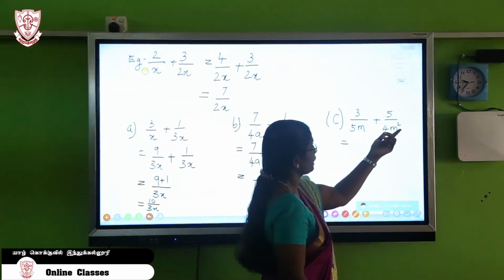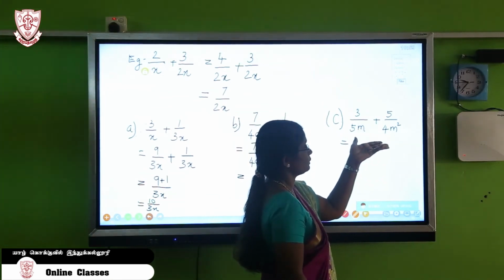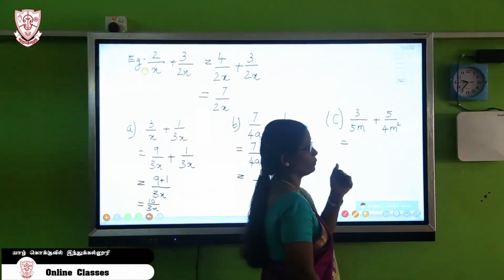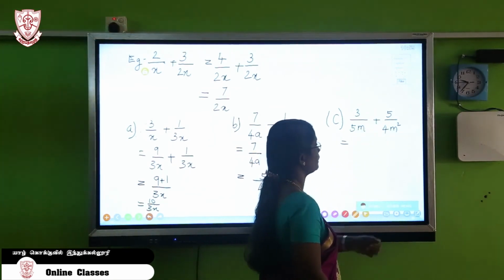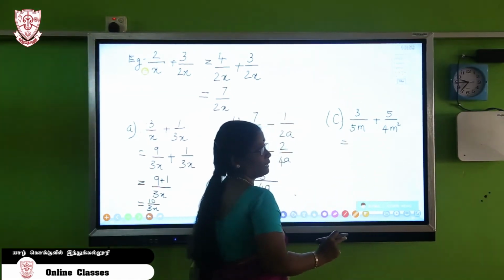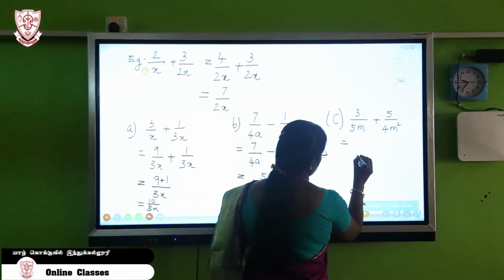Here, 5n and 4n square, you have to find the LCM of 5n and 4n. 5 and 4 have the LCM of 20.